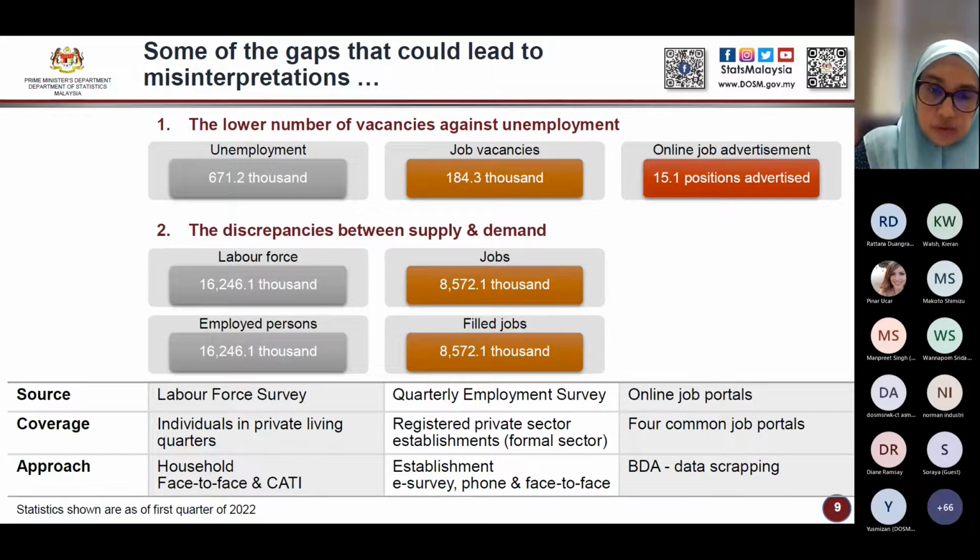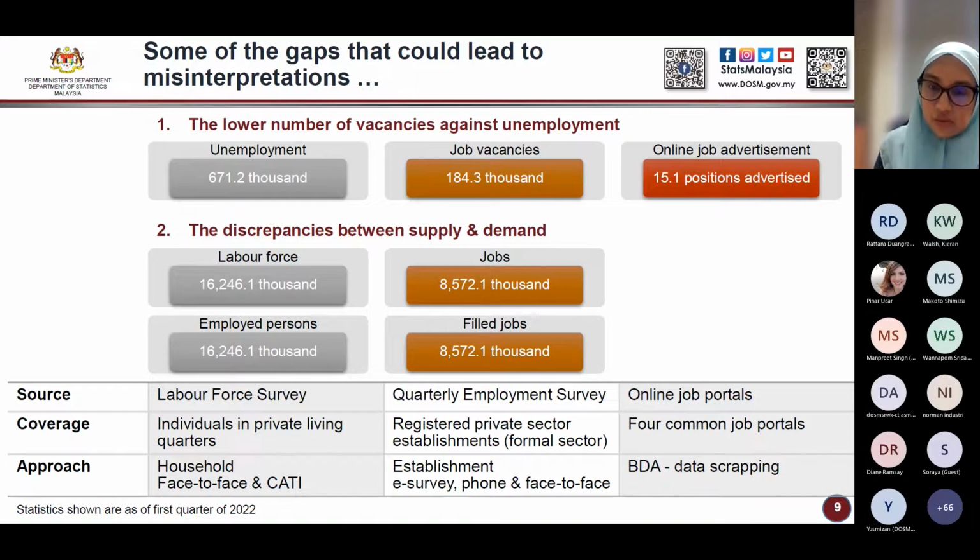So the labor force survey reports on the household approach, which covers individuals in private living quarters, and usually uses the face-to-face household approach and computer-assisted telephone interviewing. Another one is the quarterly employment survey, which utilizes the establishment approach through e-survey, phone and face-to-face interview, and the coverage is registered private sector establishments only.